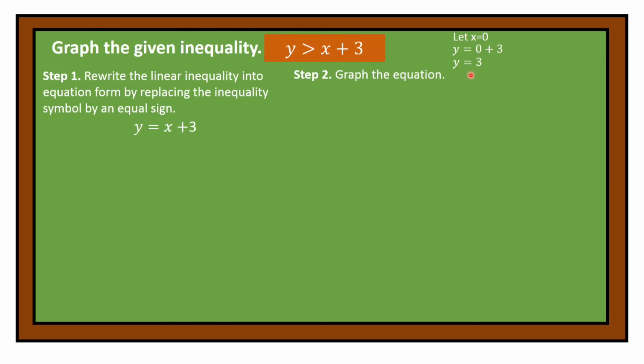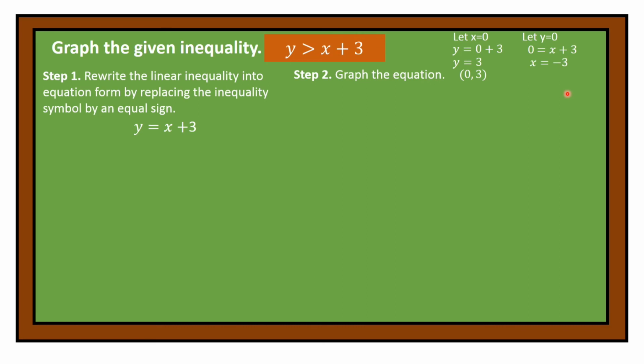So, ito yung ating magiging y-intercept. Let y naman be equal to 0. So, papalitan natin ng 0 ang y. So, we have here 0 equals x plus 3. Since 0 na sa ating left side, pwede natin i-transpose ang 3.